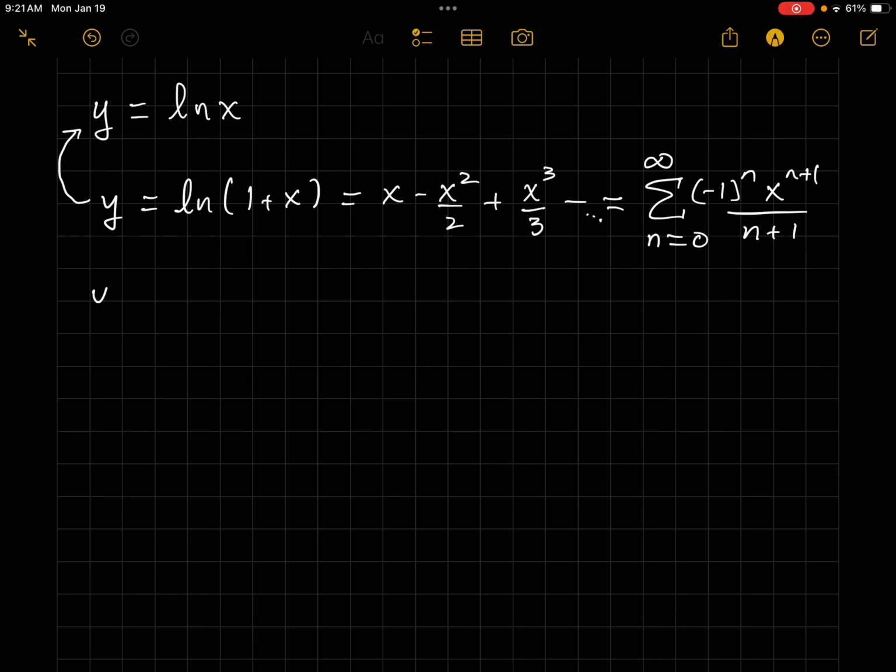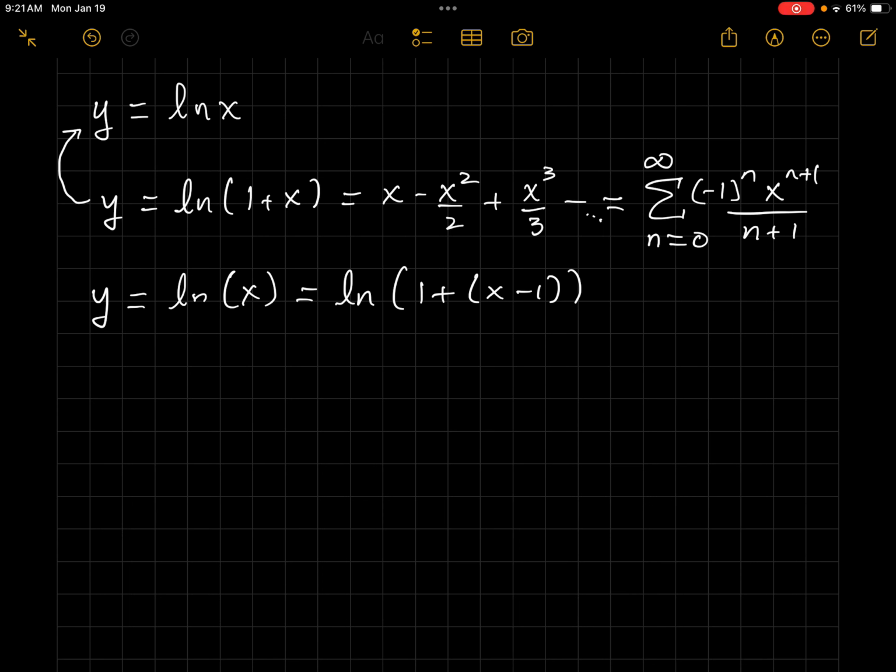Well, one way to do it is to think of the natural log of x as being the natural log of 1 plus quantity x minus 1. Confirm that's a true statement for yourself.